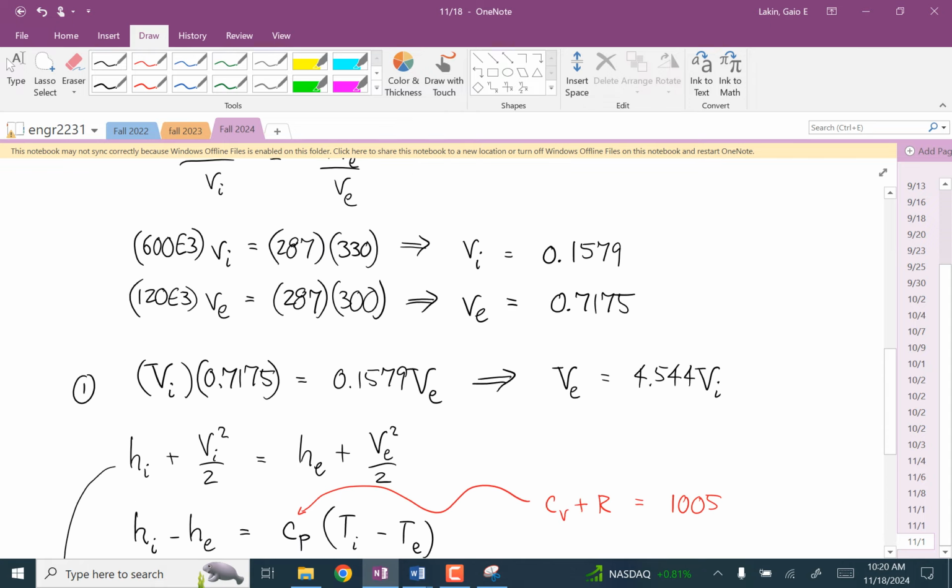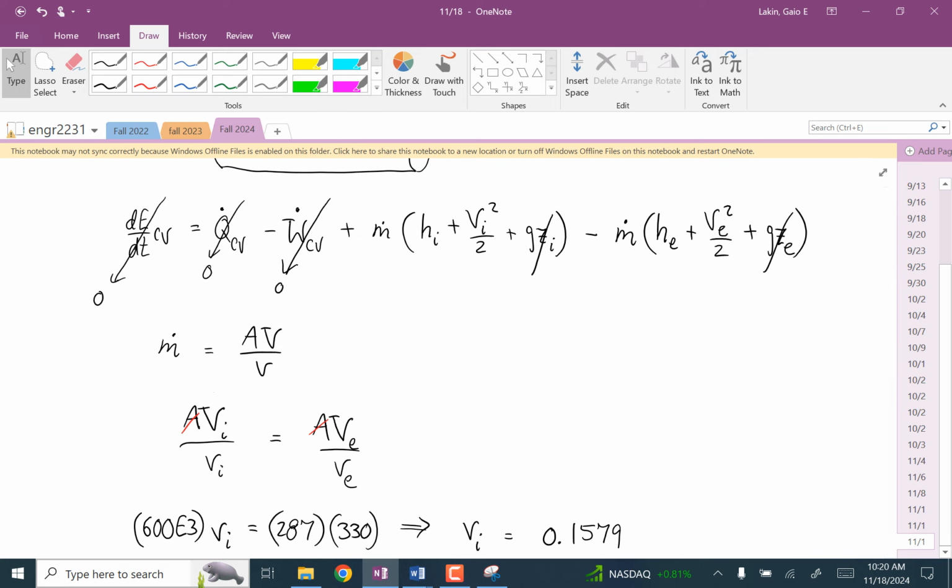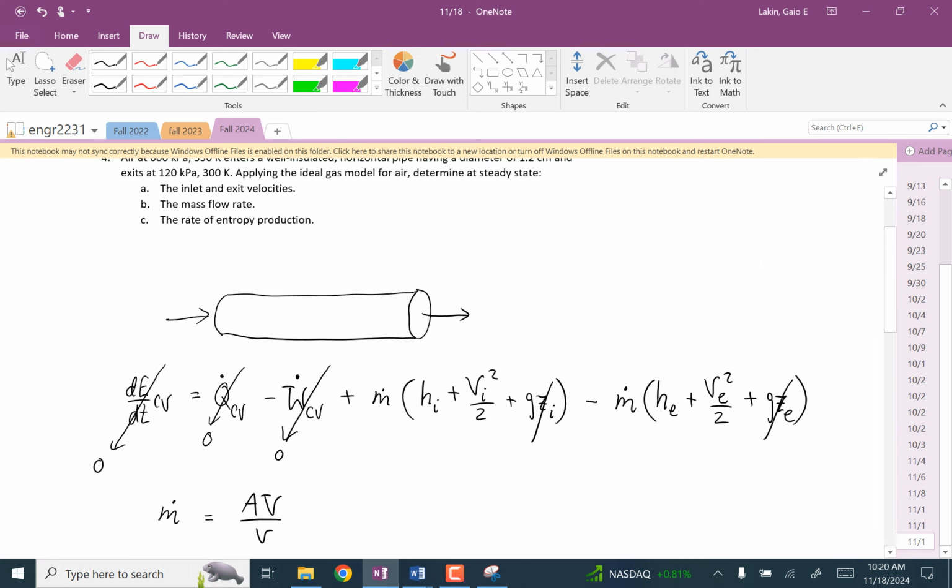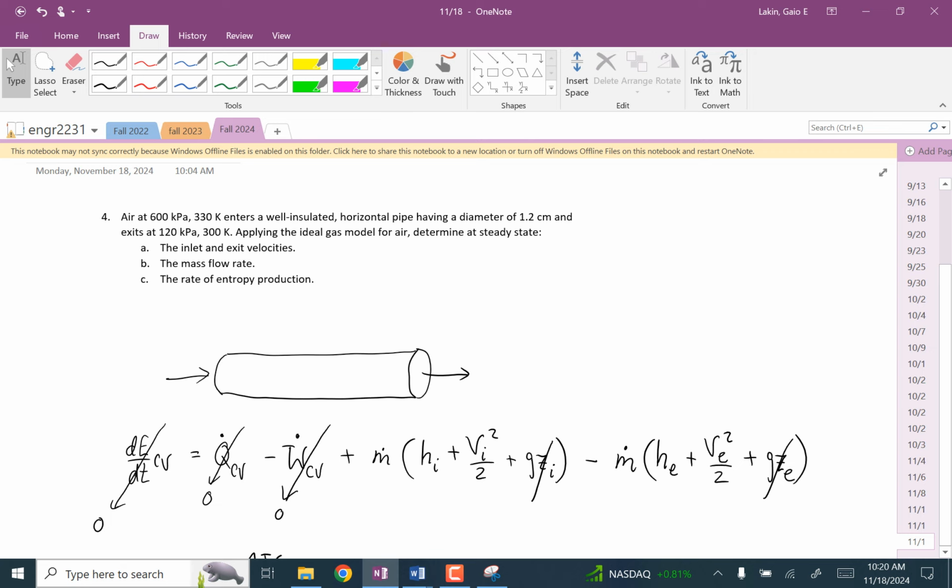And then we can use either one of those to find the mass flow rate. So the diameter is, so the radius is 0.006 meters.